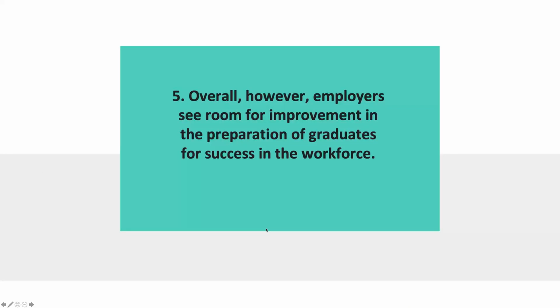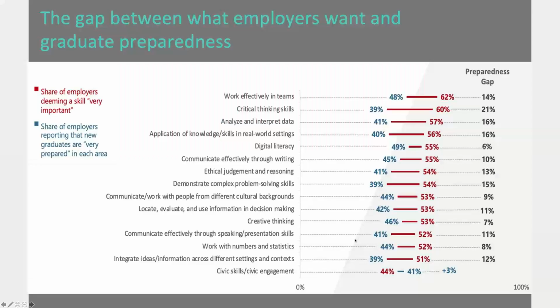And we also found that overall, employers see room for improvement in the preparation of graduates for success in the workforce. So we were just talking about specific skills. We talked about teamwork and critical thinking. So we asked them about, is this a very important skill? And you can see the ratings in red there.